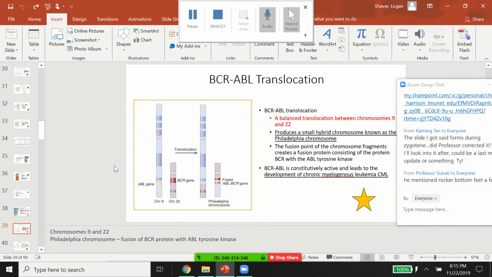That'll actually help you later on with heme because it does come back with CML. Honestly, with all this stuff, if you just remember it, you're already board studying way ahead of time, right? Anyway, so BCR-ABL, remember that's associated with CML, 9 and 22, and that's it.